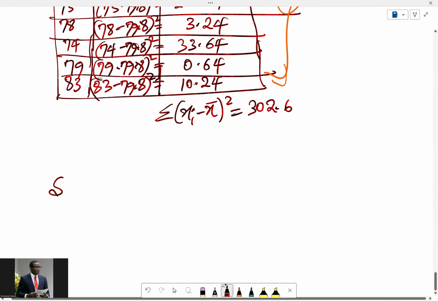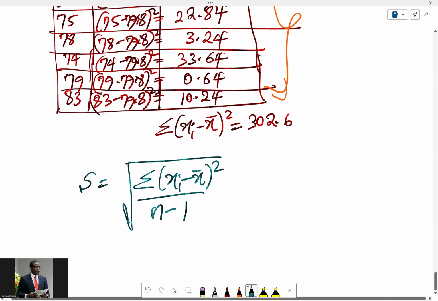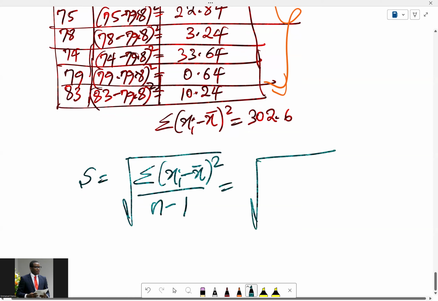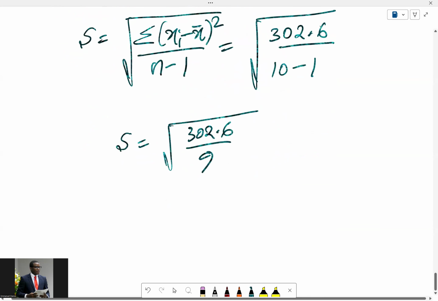So S, which is again the square root of the summation of (xi minus X bar) all squared divided by n minus 1, would be equal to the square root of this whole summation, 302.6, divided by n minus 1, which is 10 samples minus 1, so 9. So S is the square root of 302.6 divided by 9, approximately the square root of 33.62.